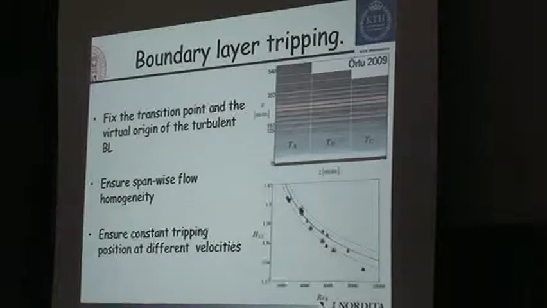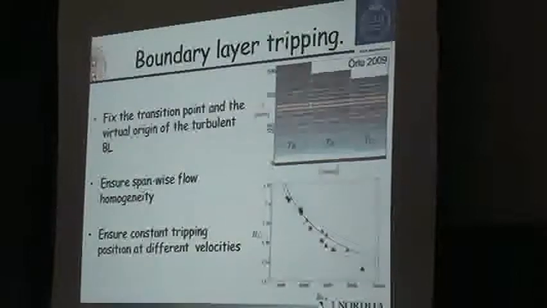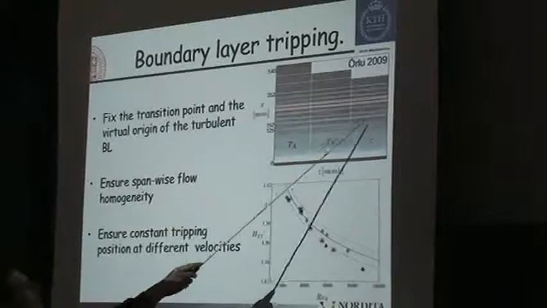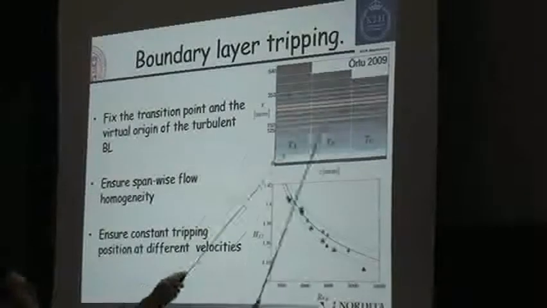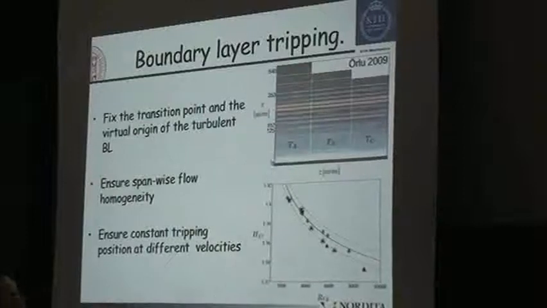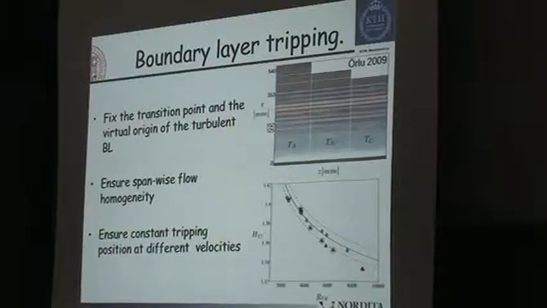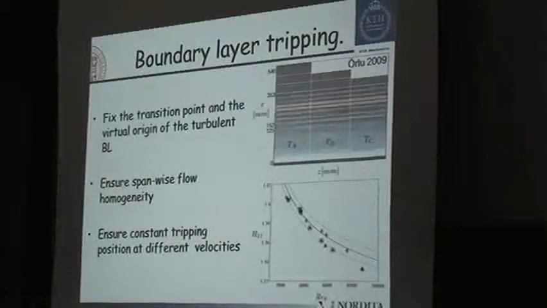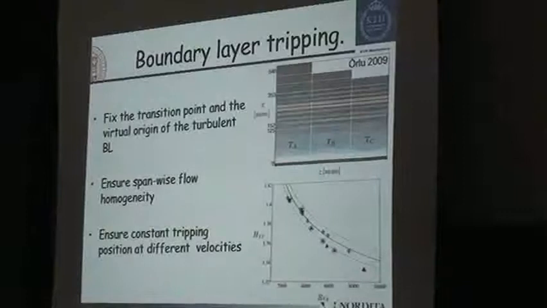In order to have well-defined conditions for turbulent flows, we normally fix the transition. Fixing the transition means we put roughness elements, here we have three different configurations, which basically trick the boundary layer. The transition will fix the virtual origin of your turbulent boundary layer.